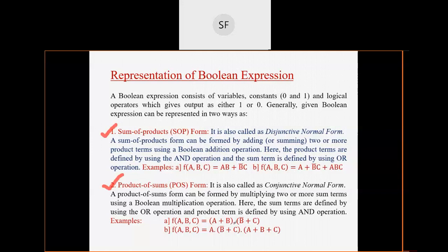This is very important, don't get confused. In sum of product, again the first term, that is sum, is the operation between two terms. And how are the terms? The terms are in product form. So hence it is called sum of product, and the other is called product of sum.